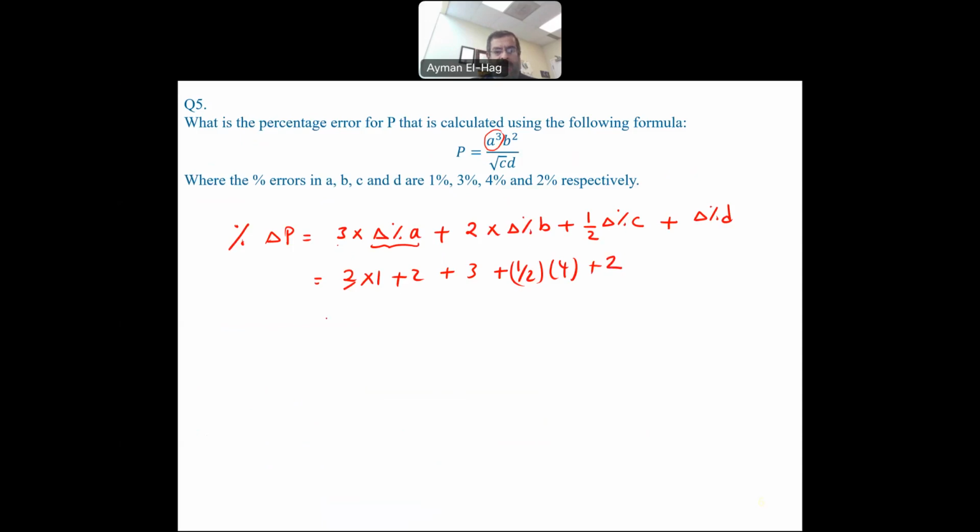Now when you add all of this, this is 3 plus 6 plus 2 plus 2, which is equal to 13. So this is the error you have for each mathematical manipulation. So that is basically some examples about error and error propagation and number representations.